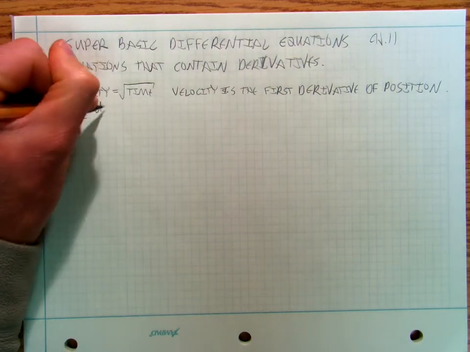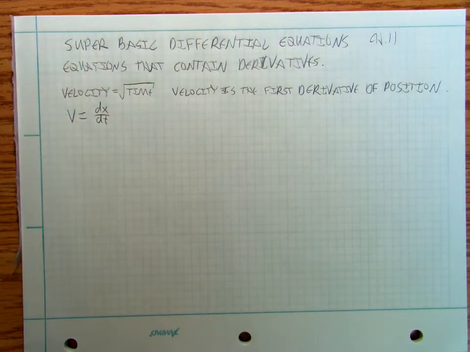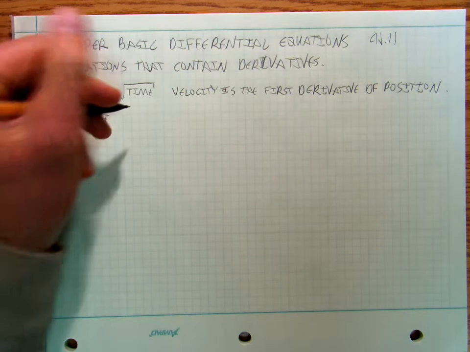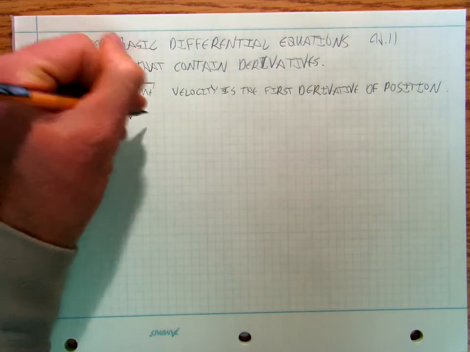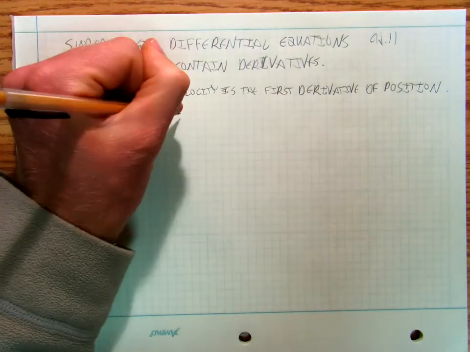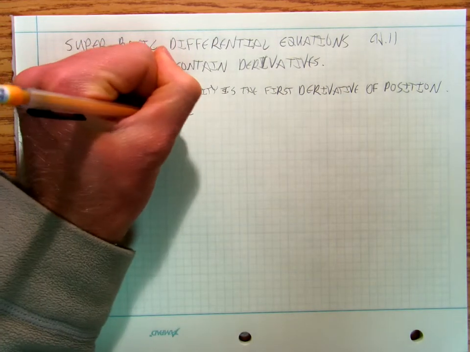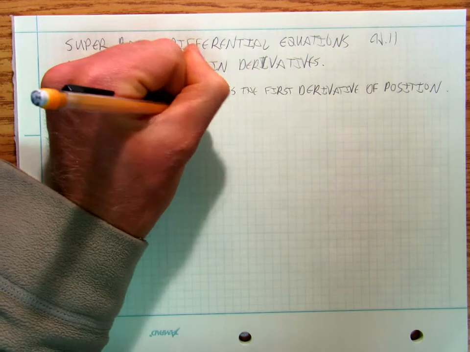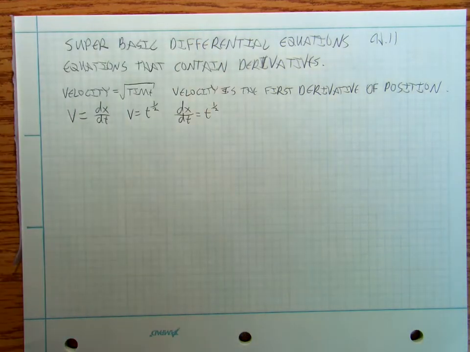So I'm going to say v is equal to dx/dt. And I'm also going to say that v is equal to t to the 1/2. So dx/dt is equal to t to the 1/2.